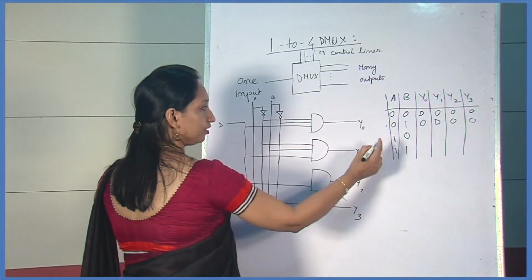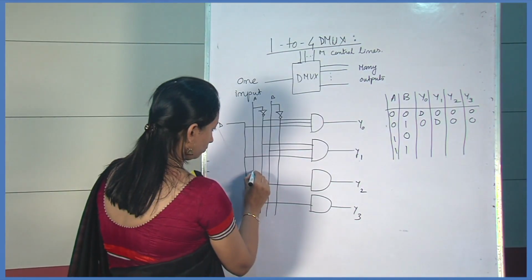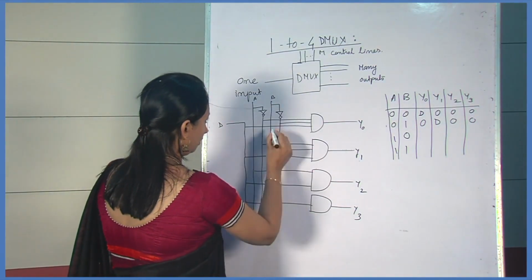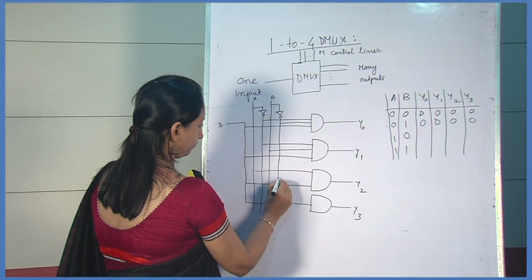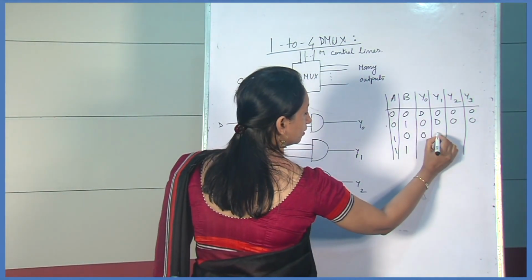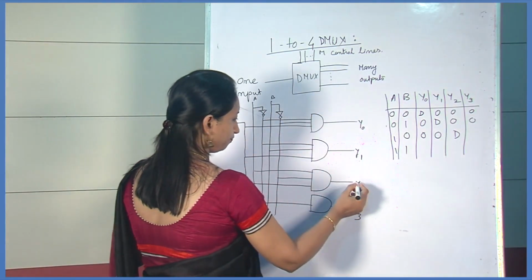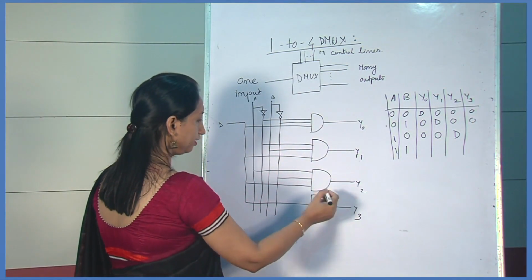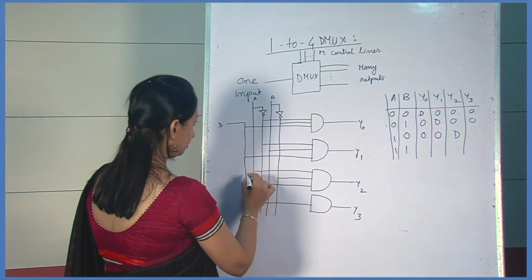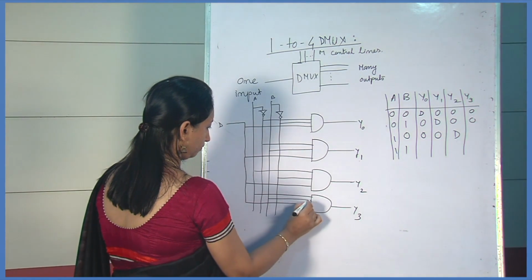For the third combination, 1, 0, that means A is 1 and B is 0. For this combination, the input is reflected on Y2, that is the output of the third AND gate, and for the last combination, that is 1, 1, it is reflected on Y3.